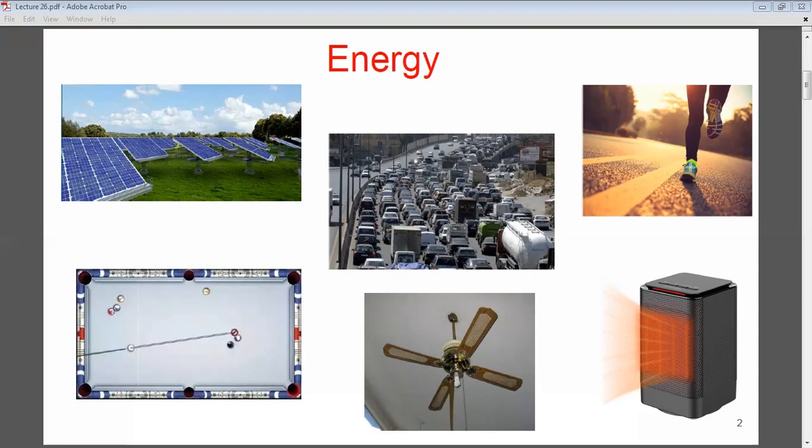This lady over here is also running, and in order for her to run, she has to eat some food. So this is also a changing of chemical energy, which is in the form of food, chemicals, vitamins, water, and it gets transferred into mechanical energy because again, she's moving.